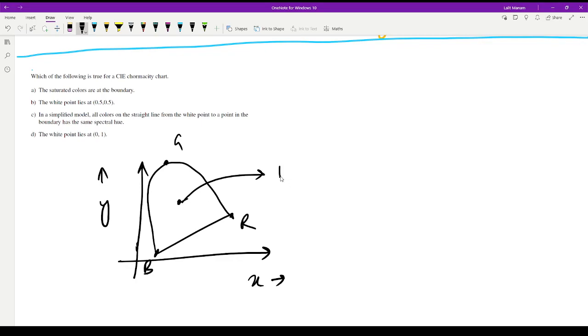If I call this the white point, where does it lie? Point 0.5, comma 0.5. No, just because it's given in the options doesn't mean that it's right. It's actually 1 by 3, comma 1 by 3.